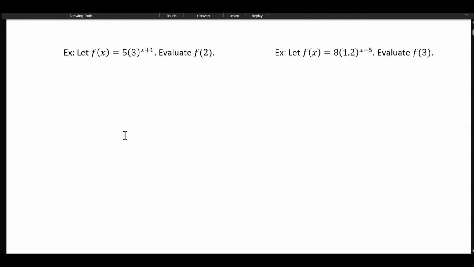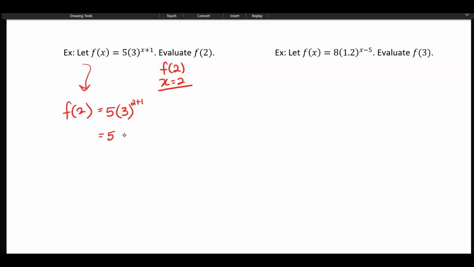All right, let's look at this problem here. We're going to talk about evaluating. When it says evaluate f of 2, remember this just means we're going to plug in x equals 2. So f of 2 is just telling us plug in 2 for x. So let's come over here, and here's our function f of 2. So we're going to do 5 times 3, now this is going to be raised to the 2 plus 1.